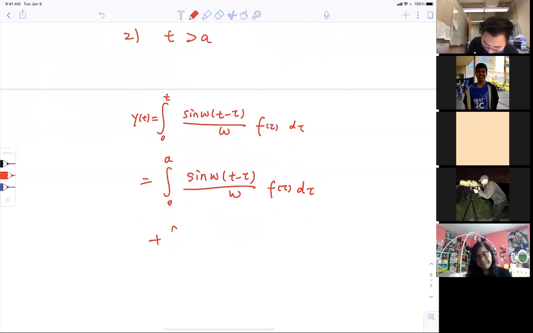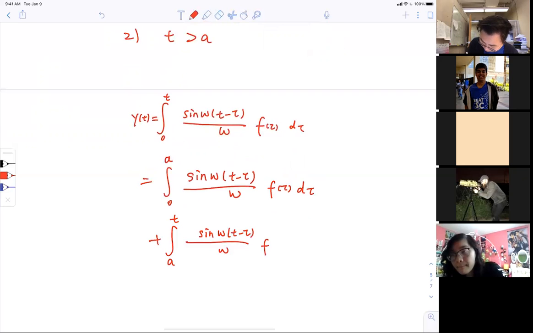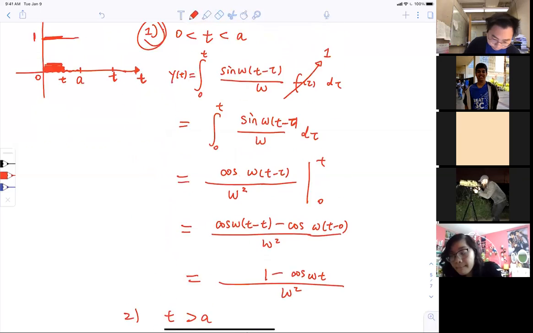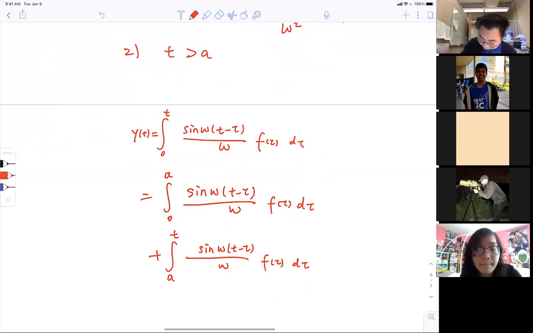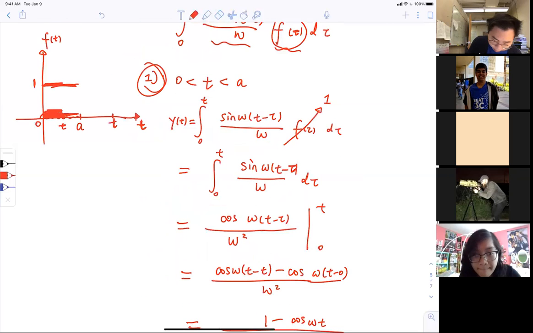Another part is from a to t. So from 0 to a, the f is 1. But from a to t, f is 0.